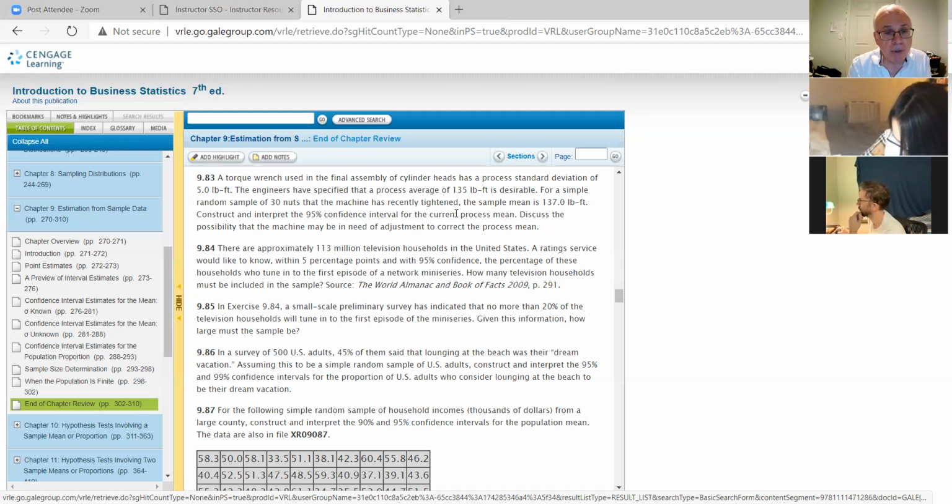So go ahead and use the formulas that we talked about last time and construct a 95% confidence interval. Right? And the first step, of course, is to calculate your margin of error.